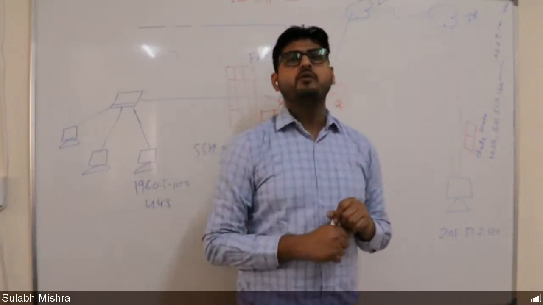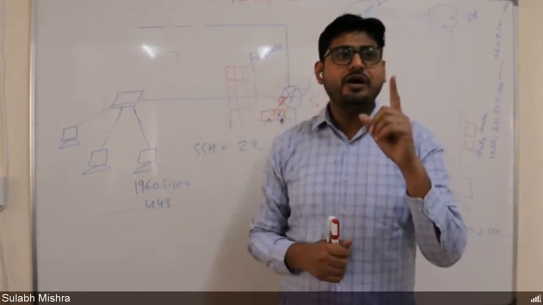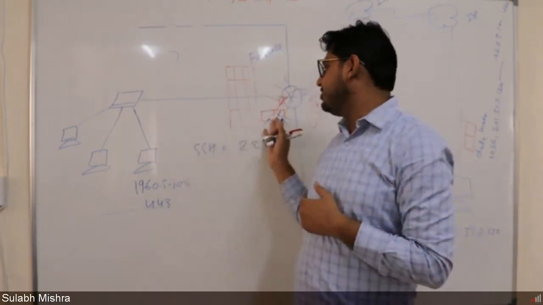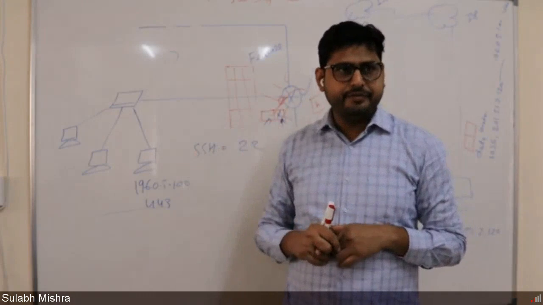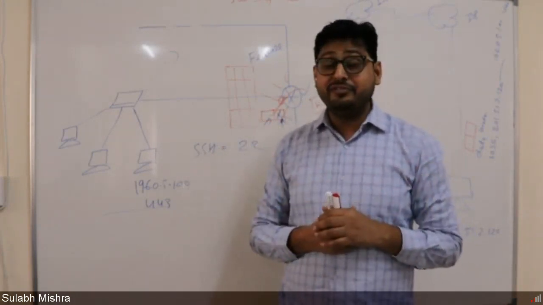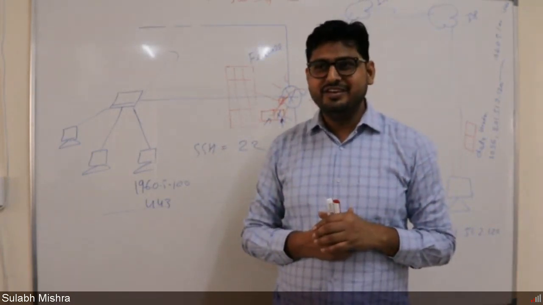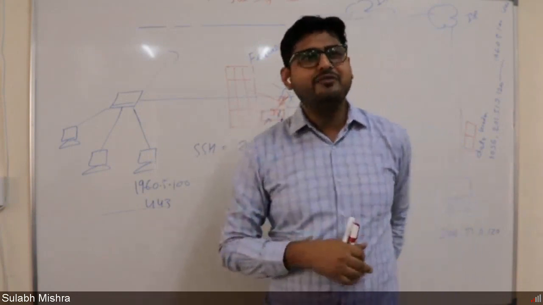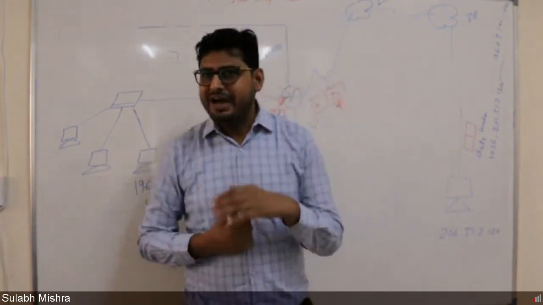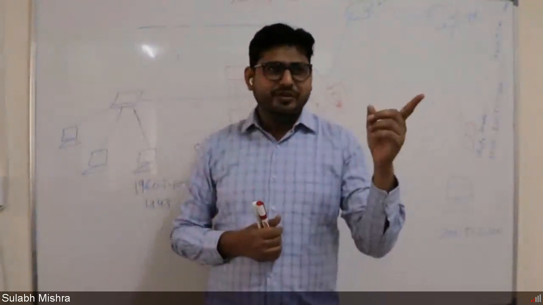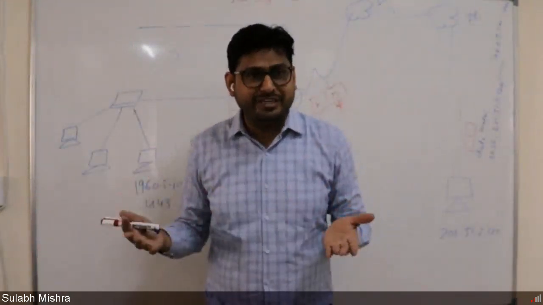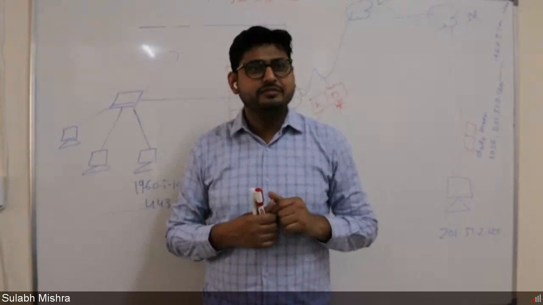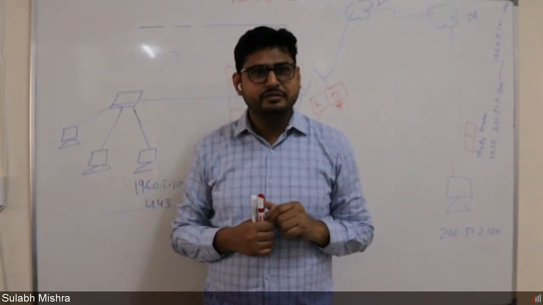Now, what will the firewall do after going through this layer 3 and layer 4 header information? The router just routes the traffic. What does a security guard do? After asking where you have come from, where you have to go, and whom you want to meet, what is the security guard doing? Monitoring.